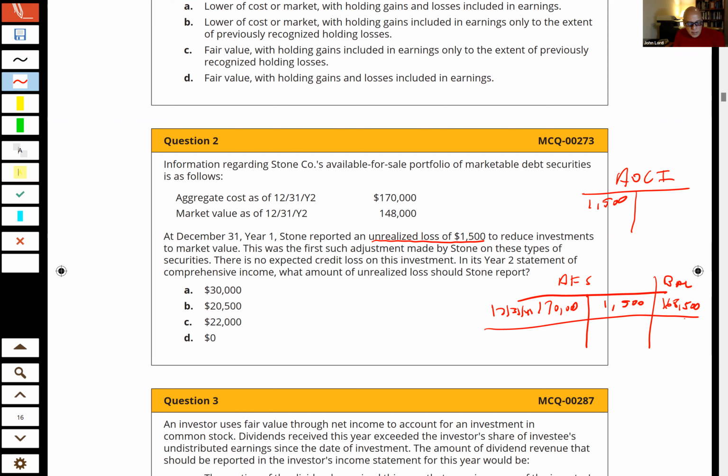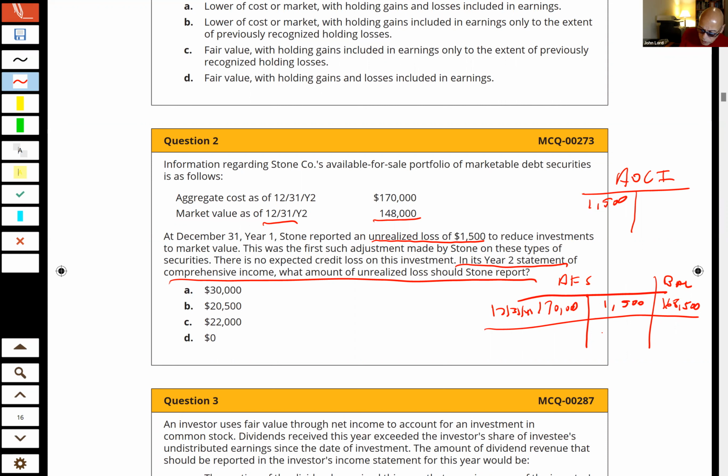And then they tell me that by the end of year two, the security is at 148. Well, if I want the security to be at 148 and it is sitting there at 168,500, that means, since it's asking in my year two statement of comprehensive income what unrealized loss I should take, I should take enough to bring the security down to what it's carrying at the end of year two.